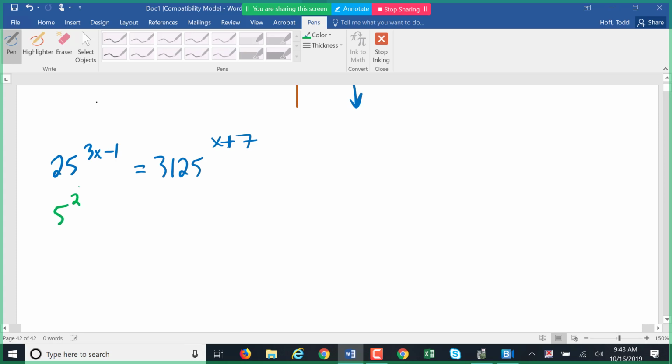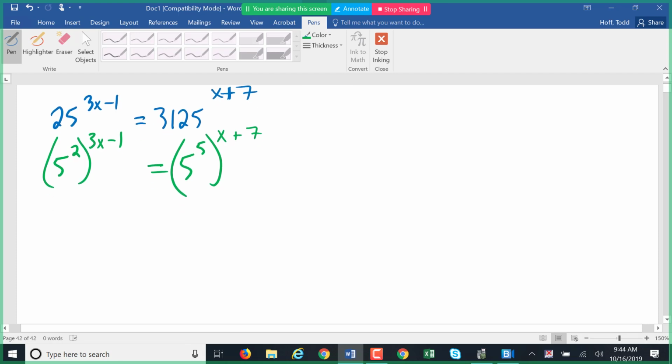25 can be written as 5 squared. So that'll still be 5 squared to the power of 3x minus 1. 3,125 is actually 5 to the 5th power. So that'll be 5 to the 5th power to the power of x plus 7.